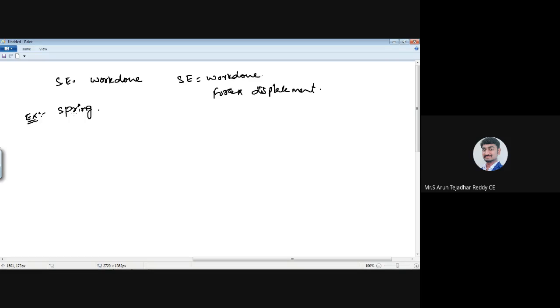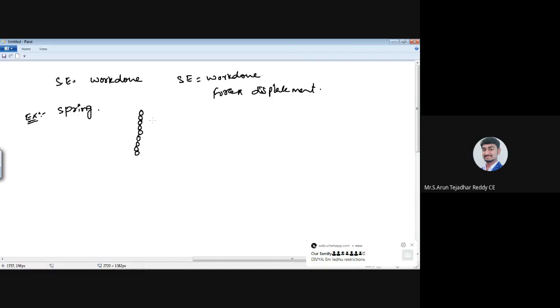As we all know, springs are elastic members. When we are applying loads, spring will get deformed. When we remove loads, spring will get original shape. This is your spring.